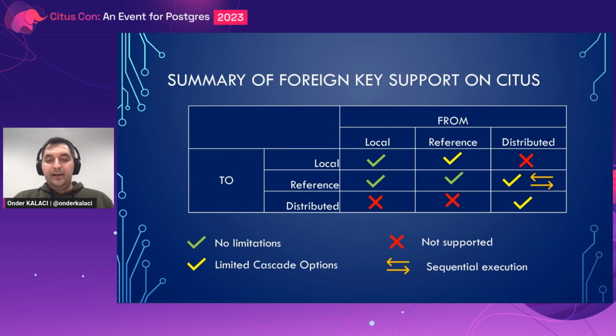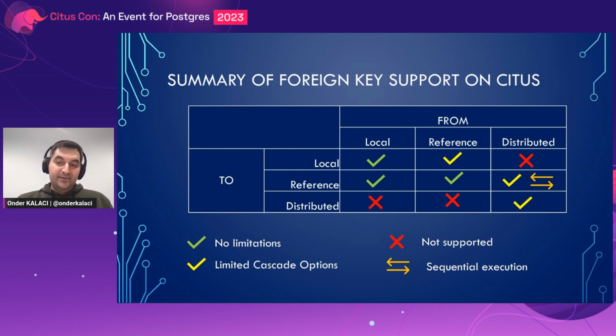Throughout the presentation, I also discussed some of the limited cascade options. So if you see a yellow tick, those are the cases where you should think about the cascade options a little bit more. And I also put a sequential execution requirement on distributed to reference as a reminder of the different transactional behaviors for this specific case.